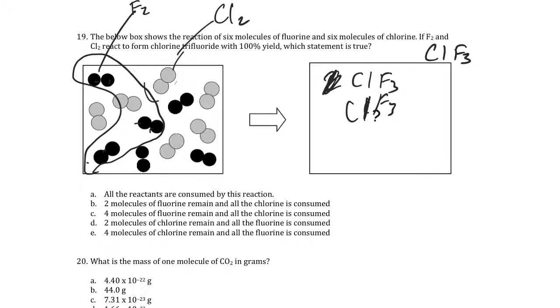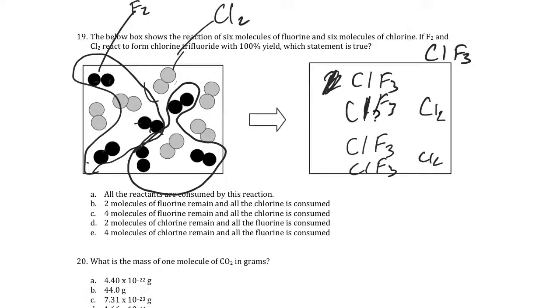So we can do that one more time, because I can take the other 3 fluorines and then one of the chlorines and lasso them out. So I'm going to make 4 ClF3s, and then be left behind with Cl2, Cl2, and Cl2. So let's see here, what are the choices? So 3 molecules of Cl2 remain.